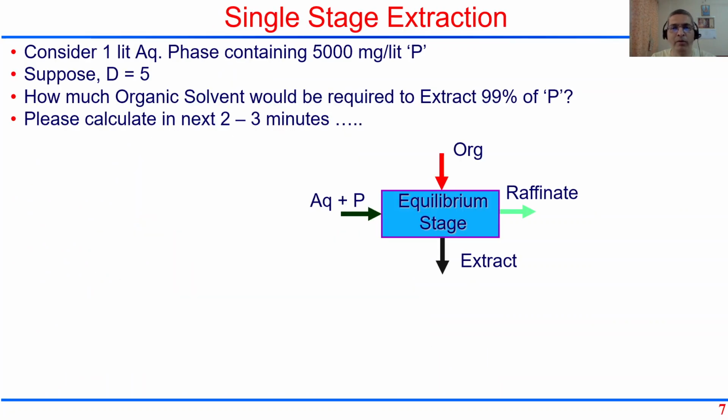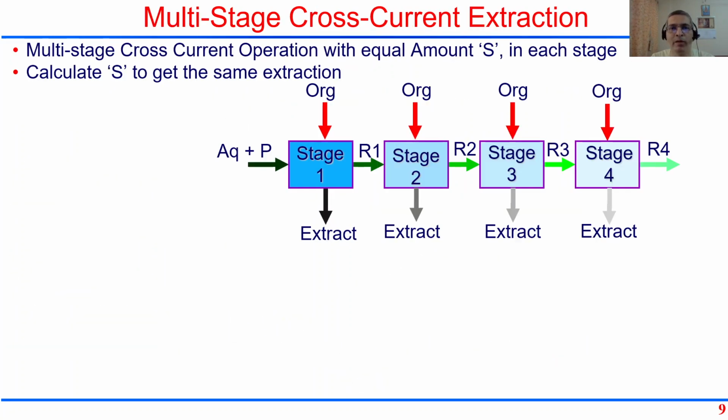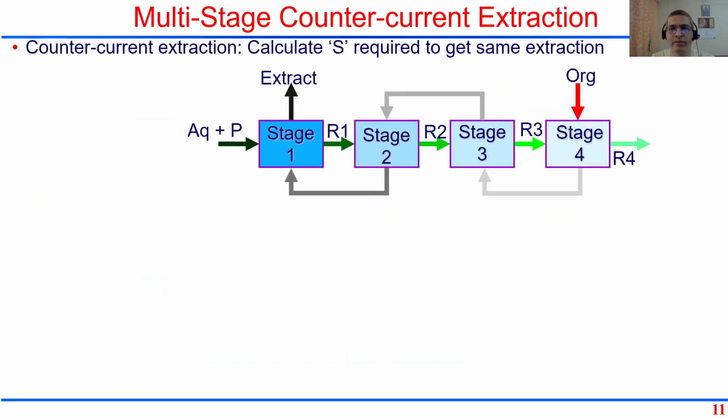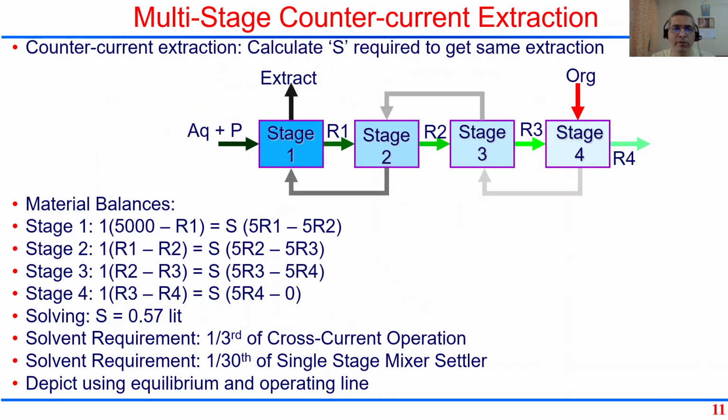And then we did some very quick calculations, very basic preliminary chemical engineering calculations, where we did the amount of solvent required for single stage or multi-stage cross current or multi-stage counter current. So we know that every time we need to do extraction, we should be trying to do multi-stage counter current extraction.